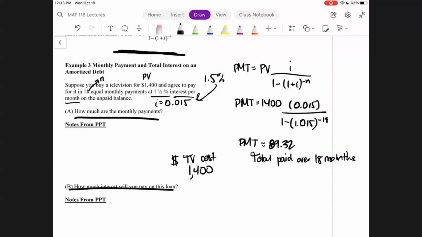So that would be each payment times how many payments did I make? 18. So altogether I paid. So we see what's the difference in these two. $207.76. This is the interest.